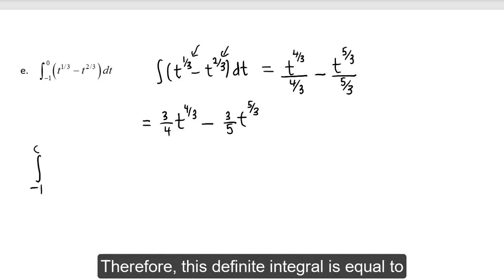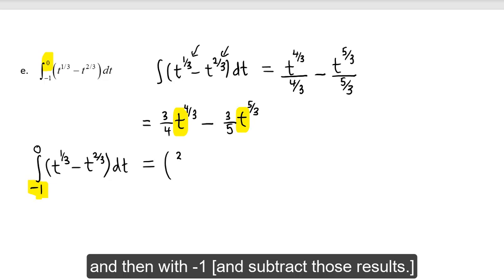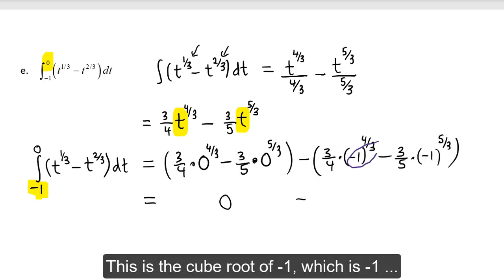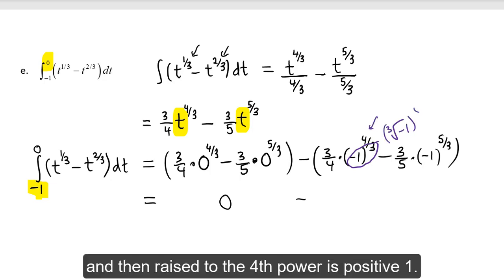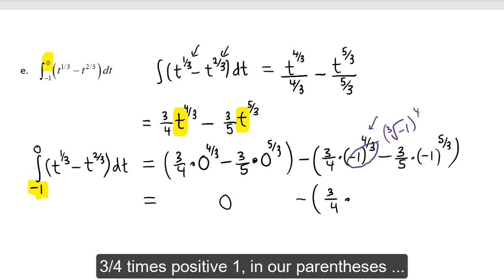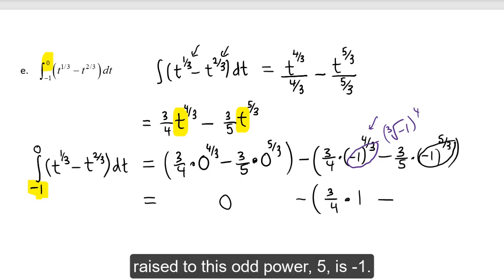So therefore, this definite integral is equal to what you get when we replace this t with 0 and then with -1. Here we have 0. This is the cube root of -1, which is -1, and then raised to the 4th power is +1. 3/4 times +1 in parentheses, minus the cube root of -1, which is -1, raised to this odd power 5 is -1.